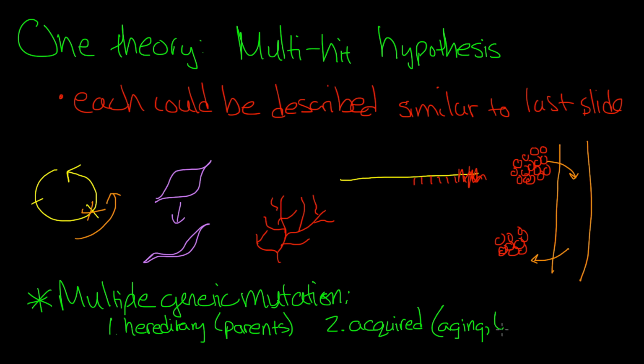Even UV from sunlight can damage your DNA. So can smoking and lots of other behaviors. So ultimately, the accumulation of some combination of these mutations can cause cancer.